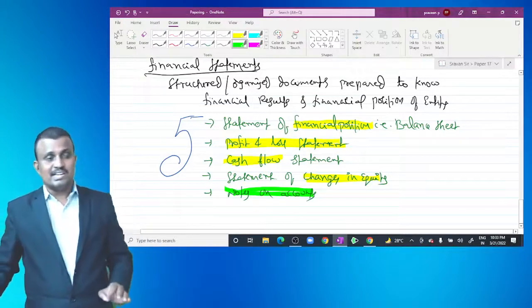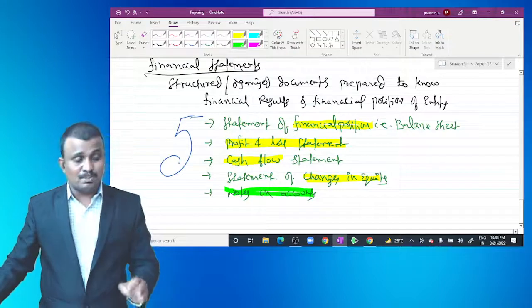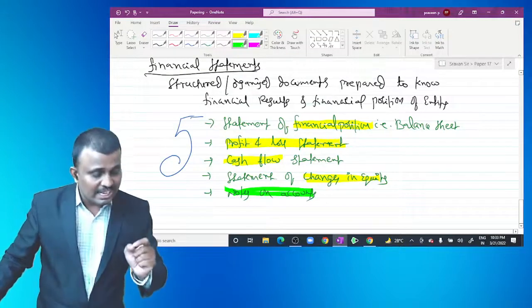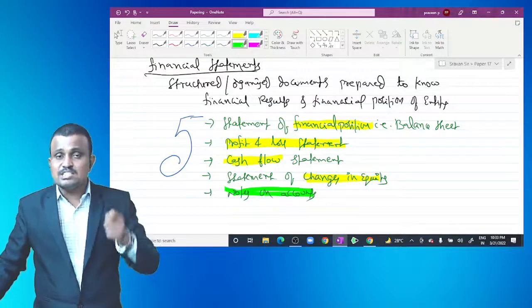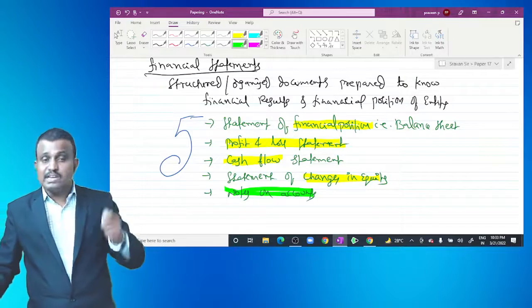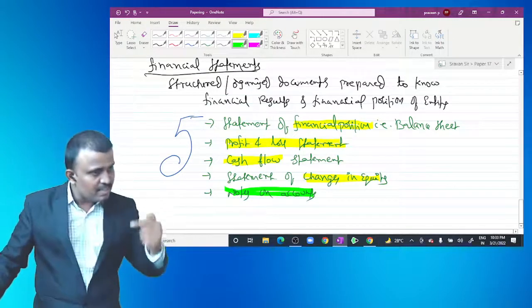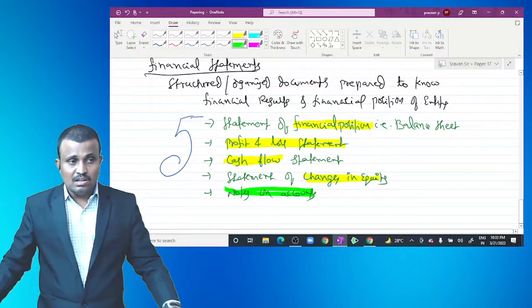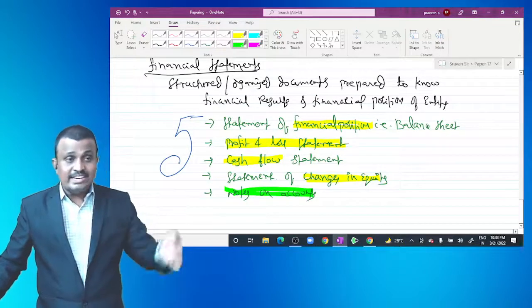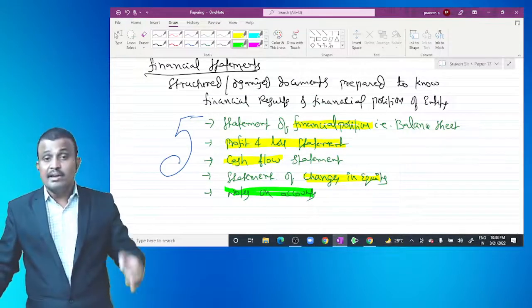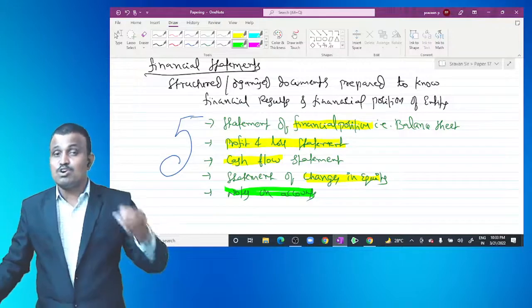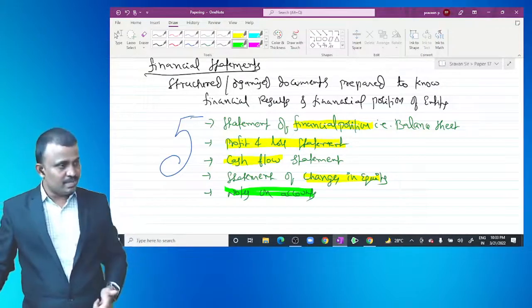Notes on accounts are generally prepared to give a detailed explanation about the figures mentioned on the face of the financial statement, and to give a detailed explanation about the accounting policies followed while preparing the financial statement.